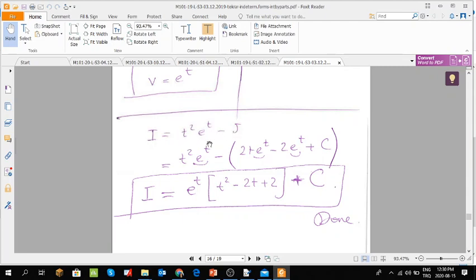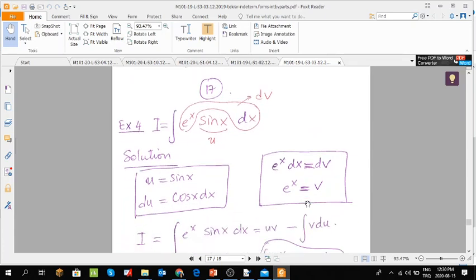I is equal to t squared e to the t minus J. T squared e to the t minus what J is, I'm going to put it in here. If there are any simplifications, I simplify. It seems there is none. Take out e to the t, which is a common factor in all. See, e to the t in all. Then t squared minus 2t plus, minus times minus makes plus 2, plus a big C, and this is our final answer.